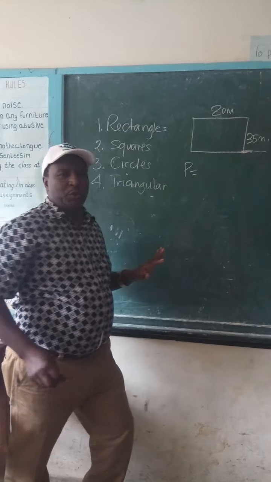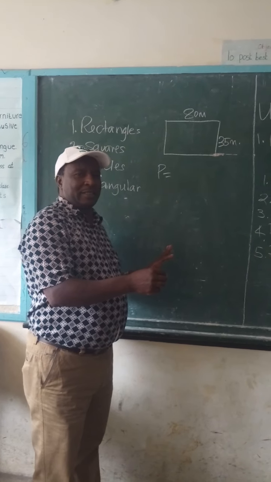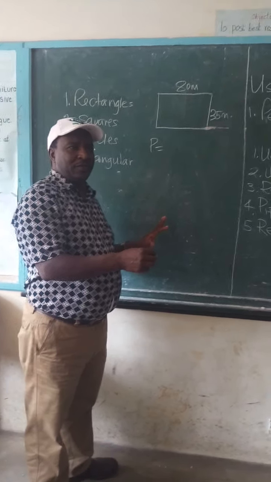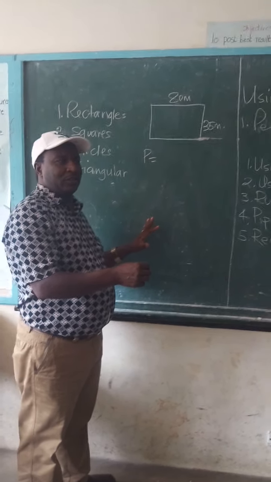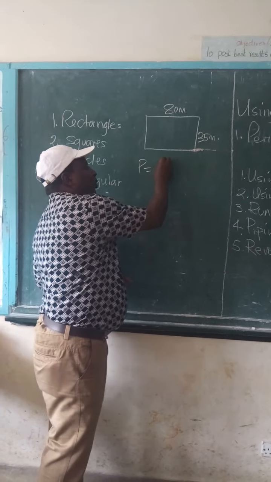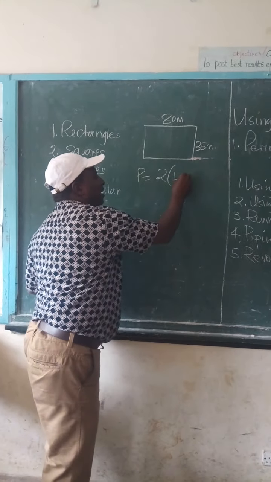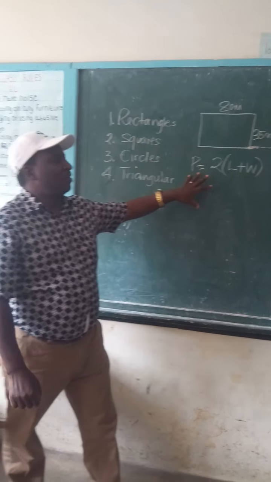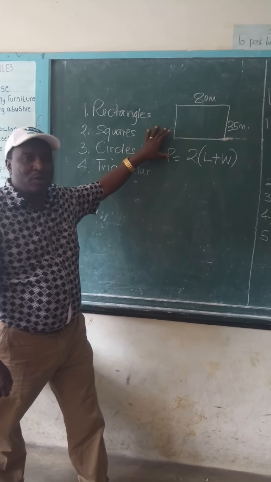Perimeter equals length plus width plus length plus width, or in class 6 we can use a formula that is 2 into bracket length plus width. We want to use that as our way of finding the perimeter of a rectangle.